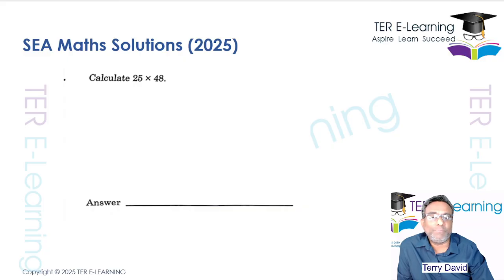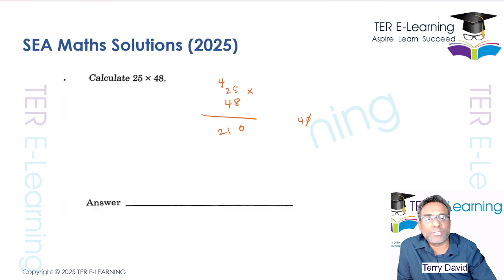That's number 4. Number 5, we need to multiply this. So we're going to say 25 multiplied by 48. So this is a long multiplication here. So we're going to say 5 8s are 40. So we're going to put the 0 here, and this 4 is going to be put here. Then 2 by 8 is 16. 16 plus 4 is 20.